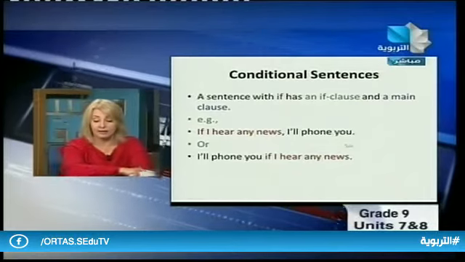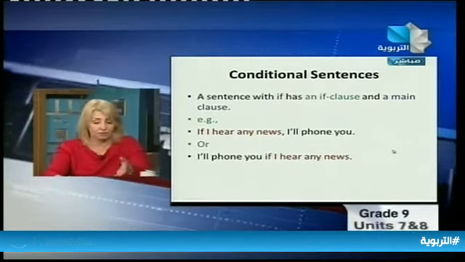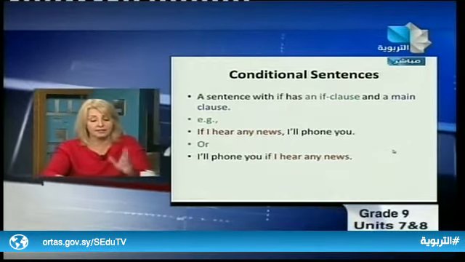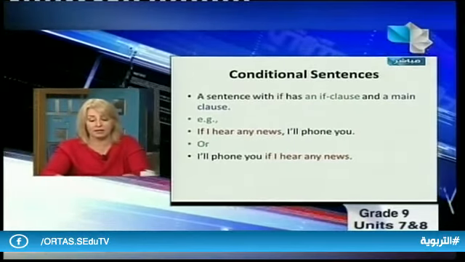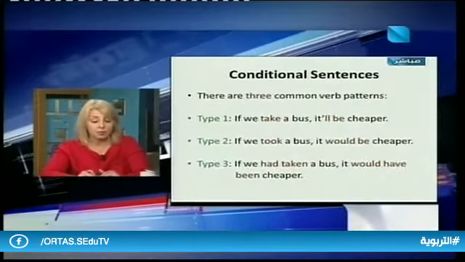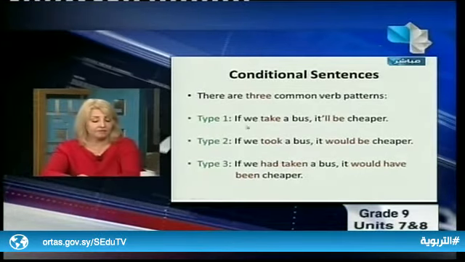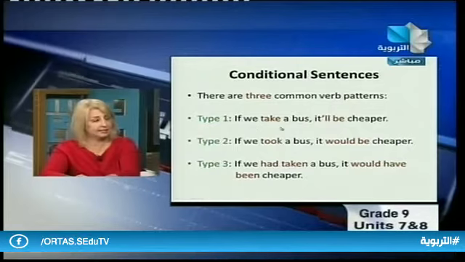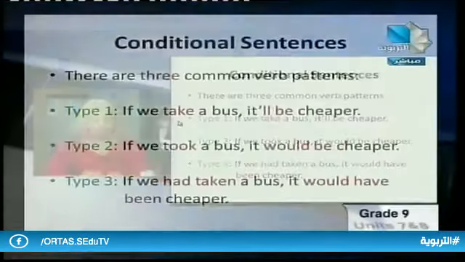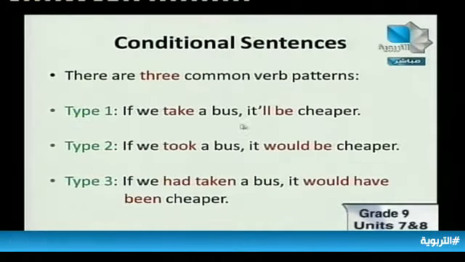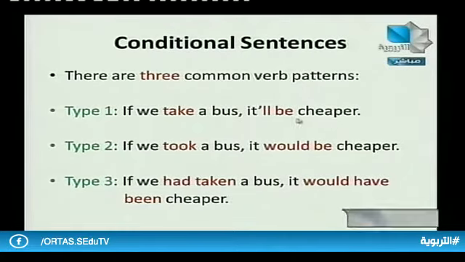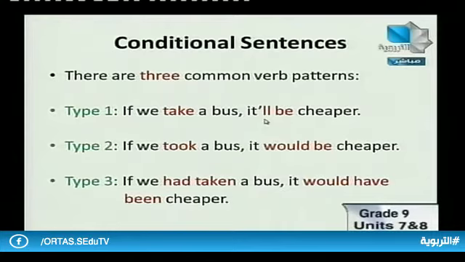Good. And talking about the types of these conditional sentences, there are three common verb patterns. We are going to talk about type 1, where we have if plus simple present tense. For example, we say, if we take a bus, it will be cheaper. So here we have present and will in the result clause.